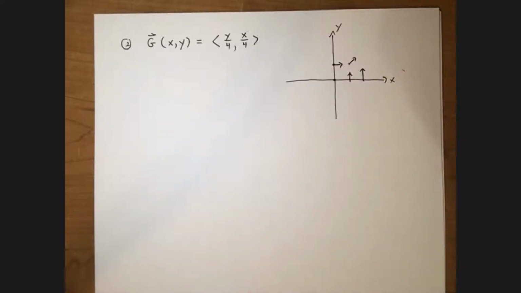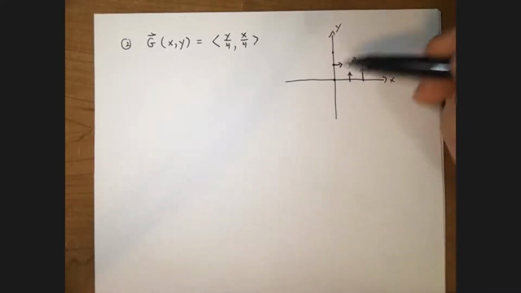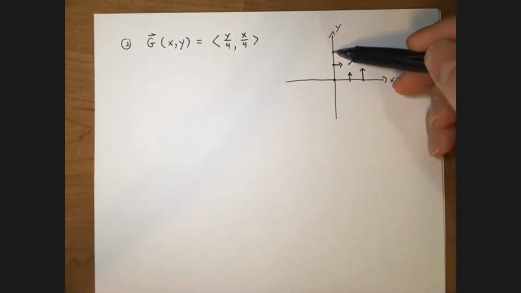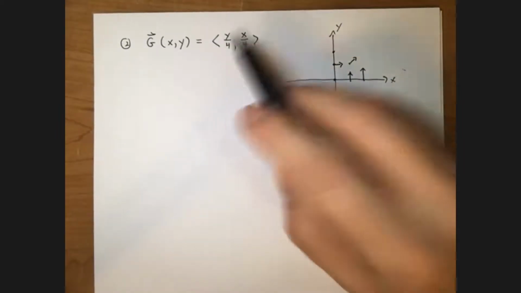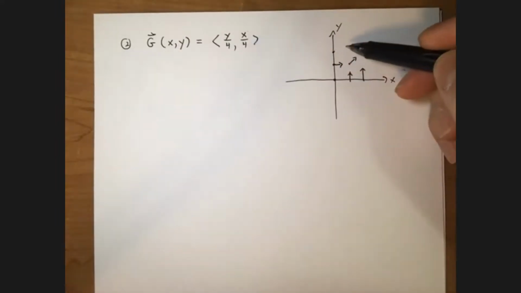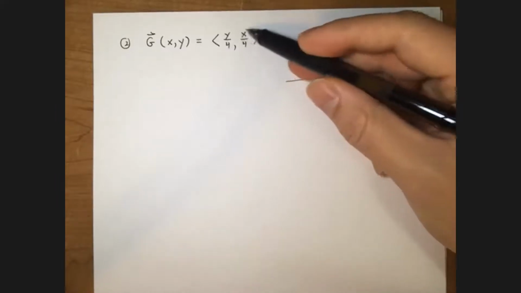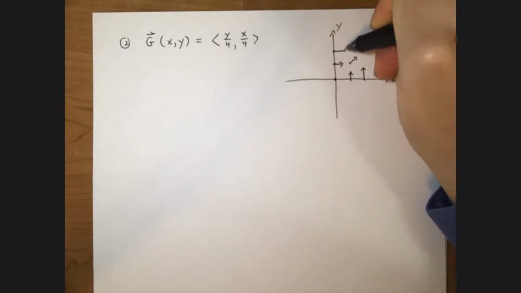My vectors aren't quite to scale, but I need to draw them at a size that we can see them. If I go to 0, 2, now x is 0, y is 2, so this becomes 1/2. My x coordinate is 1/2, and x was 0, so my y coordinate becomes 0 here. So I get a vector like this.